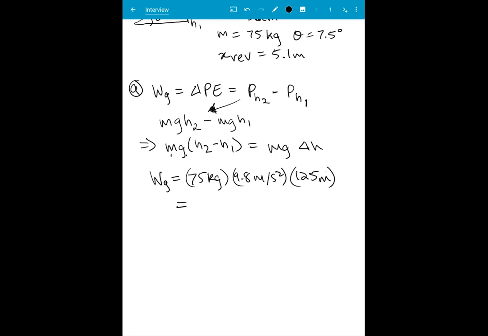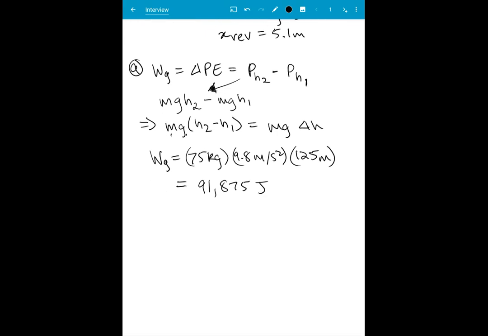Now, if we multiply all of these things out, then what we should get is 91,875 joules. Because of the sig figs that were given, we were only given 3 sig figs in the mass, so I'm going to say that the work done against gravity is equal to 9.19 times 10 to the 4th joules.